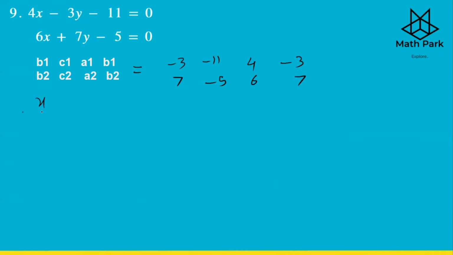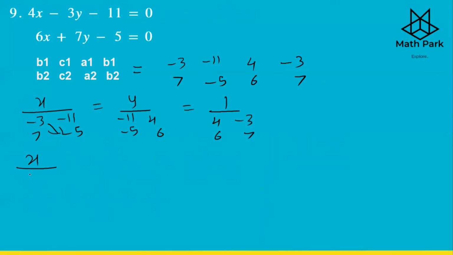So x upon minus 3, 7, minus 11, minus 5 is equal to y upon minus 11, minus 5, 4, 6 is equal to 1 upon 4, 6, minus 3, 7. Okay, cross multiply. So we get x upon minus 3 into minus 5 is positive 15. 7 11s are minus 77.